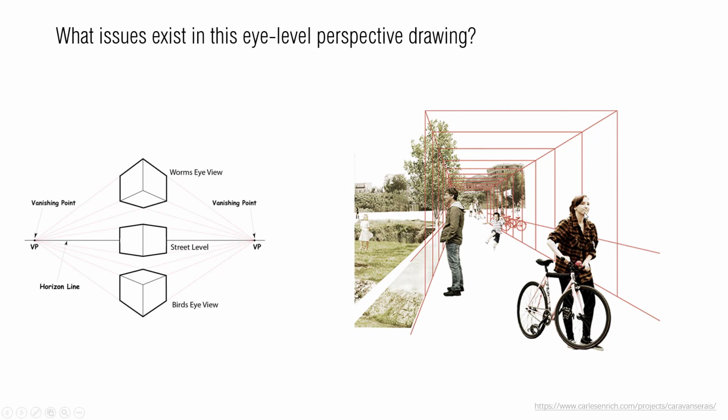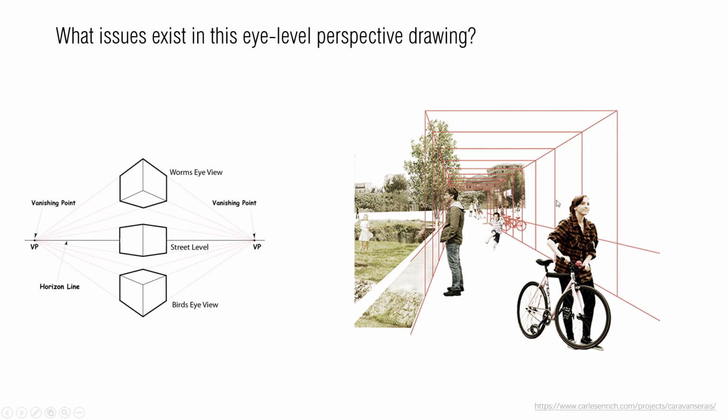If this is an eye level perspective, do you think the height of these two people is correct? Given that these two people are adults with similar height, their eyes should be roughly at the same horizontal level here. And this line is the horizon line that goes through the vanishing point.